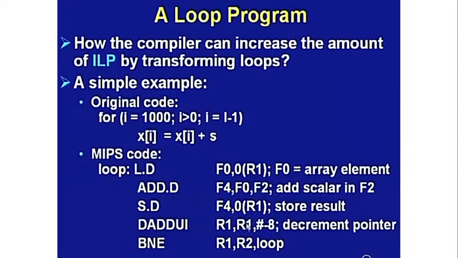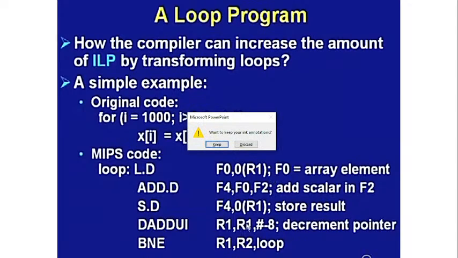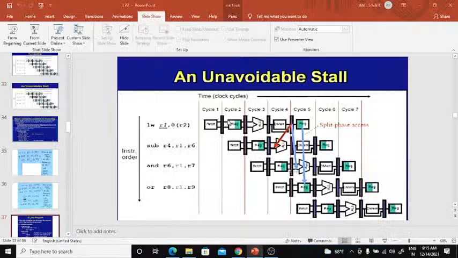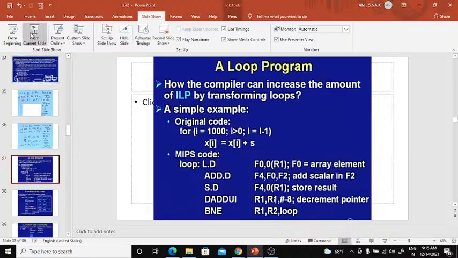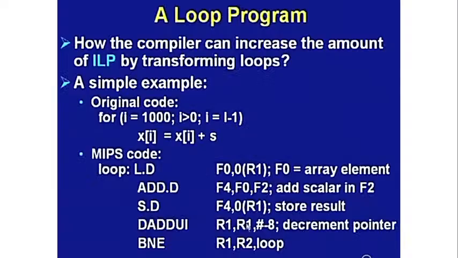And there is one more technique, called the loop unrolling technique. With loop unrolling, the compiler can increase the amount of instruction level parallelism by transforming loops. If there is one instruction, it is okay, it won't create any problem.